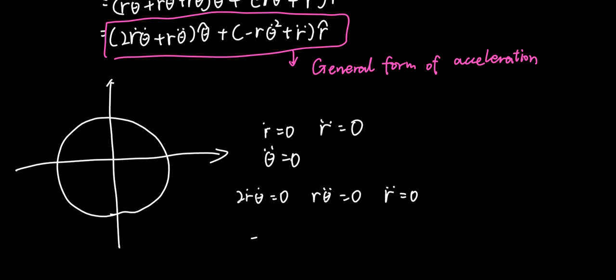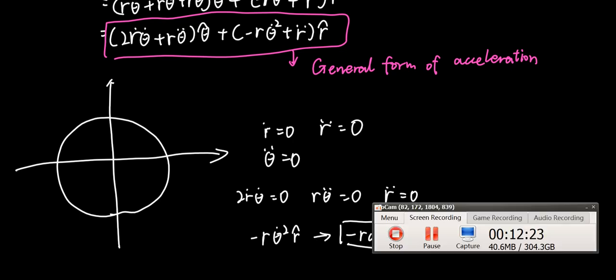So we are only left with minus r theta dot squared times r hat. And theta dot is just omega, the angular velocity. And this is the acceleration of uniform circular motion. That's all. Thank you.